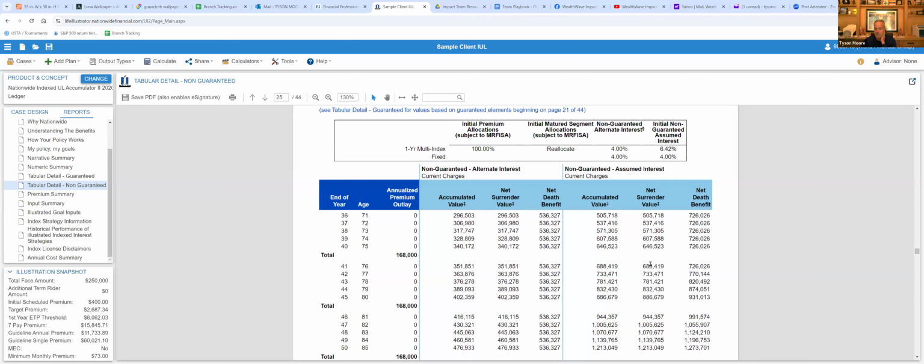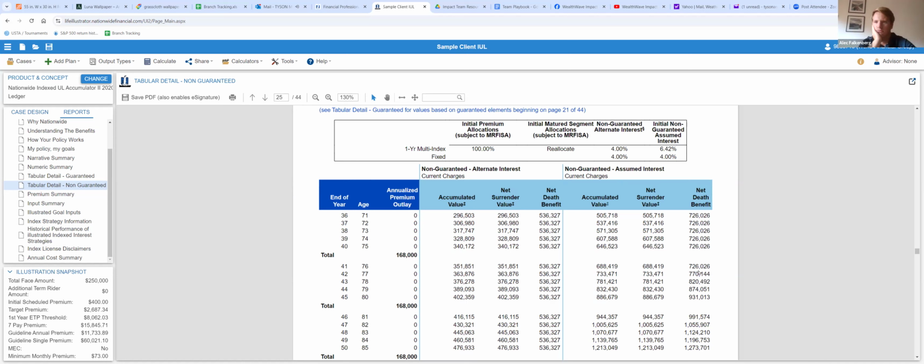But eventually what happens is the cash value gets close enough to the death benefit that it's starting to bump up that death benefit. Does anybody know what this phenomenon is called, where you have a gap between the surrender value or the cash value and the death benefit? Does anybody know the word for that?